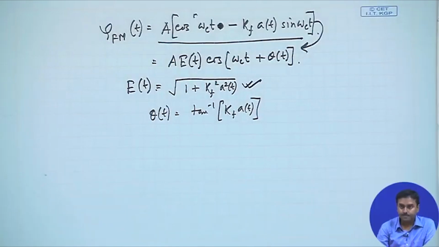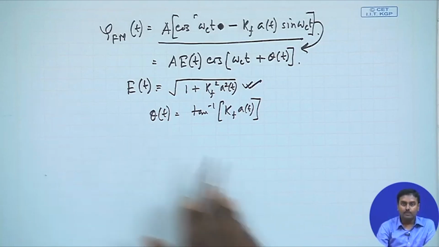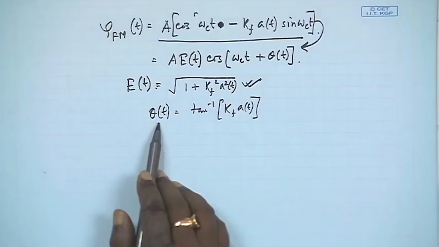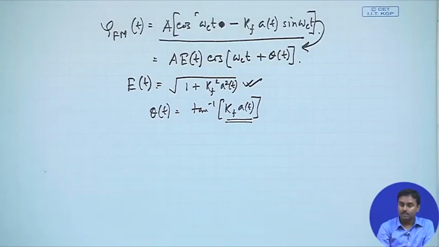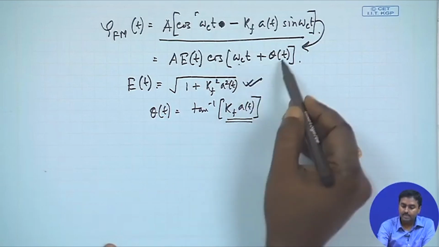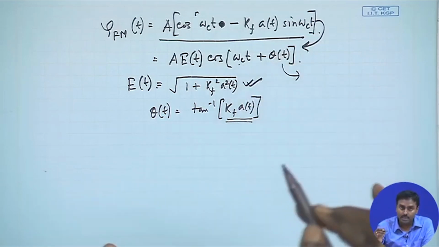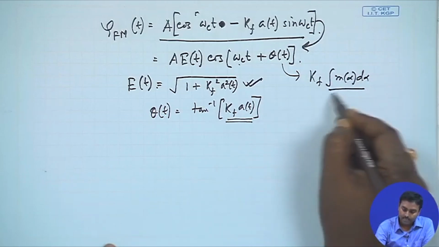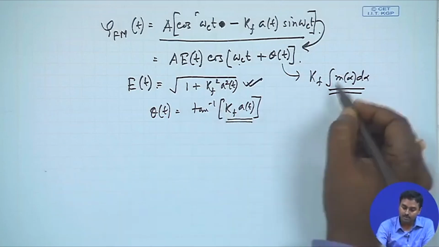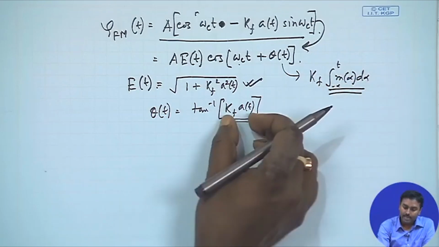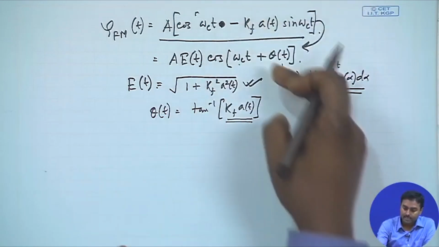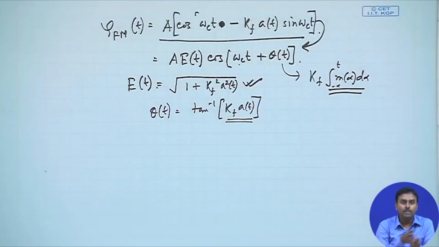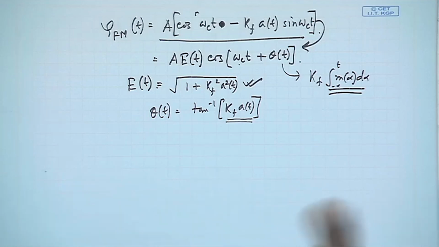This is what we are getting, and the theta(t), what we expected, suppose if it is FM, then generally theta(t) should be just this portion, okay, because the total phase is omega_c t plus this theta(t). If it is original FM, this should be kf into the integration of m(alpha) d alpha, that is actually a(t), integration from minus infinity to t. So, kf into a(t) you should be expecting inside the phase, right, because we want a frequency which is proportional to the message signal, whereas phase will be the integration of that, right.